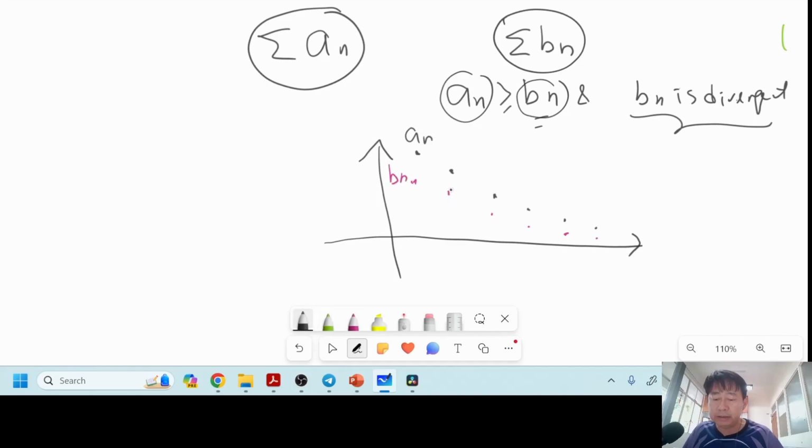So these represent the situations where the series A is larger than the series B, so that the An is always sitting above or equal to the corresponding point of the series Bn. And in this case, if the Bn is divergent, then all the points that are sitting on top of it, which are An points, should also diverge.